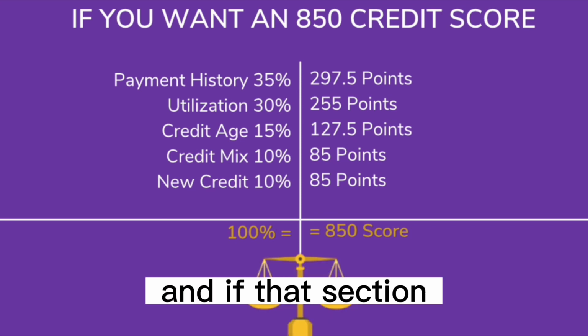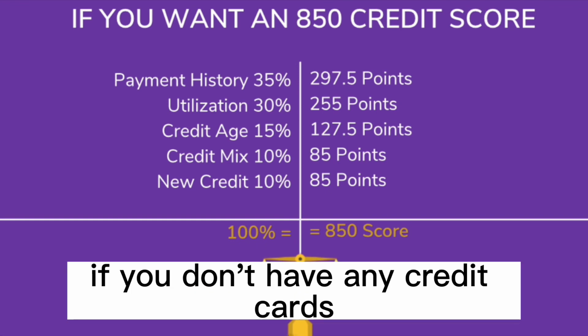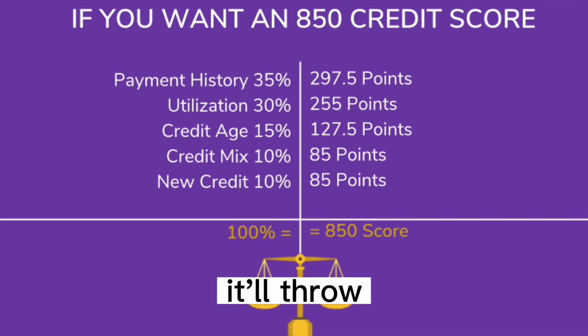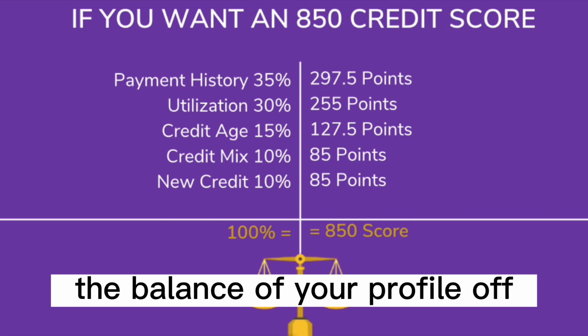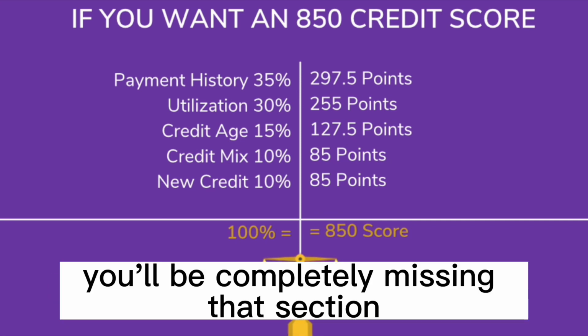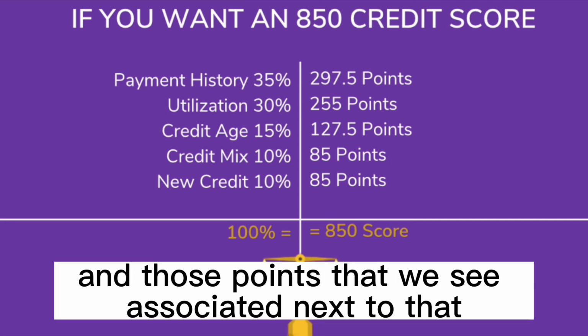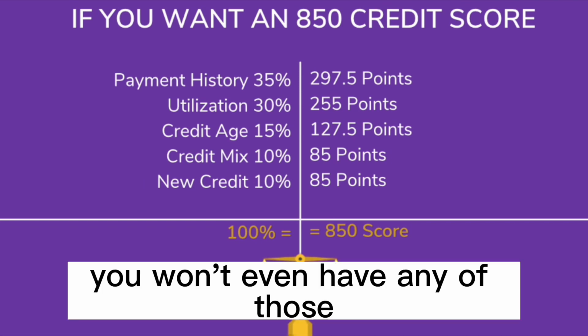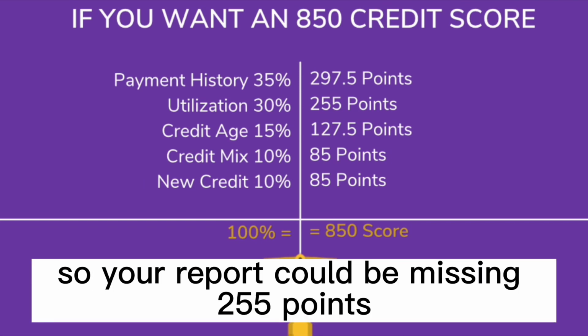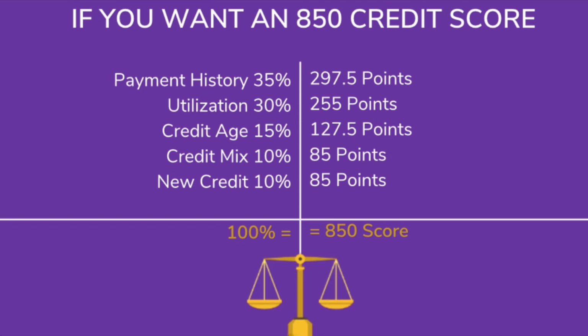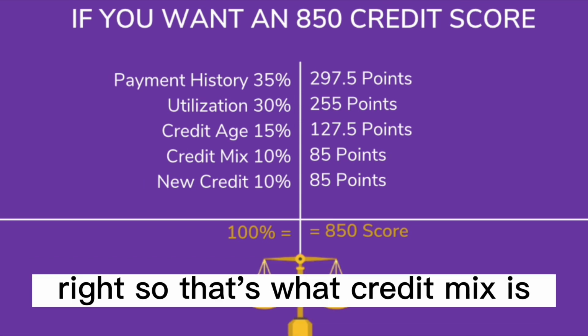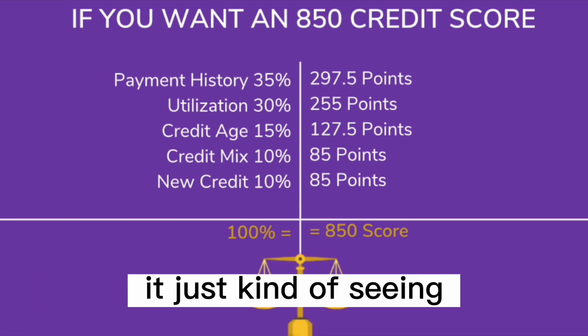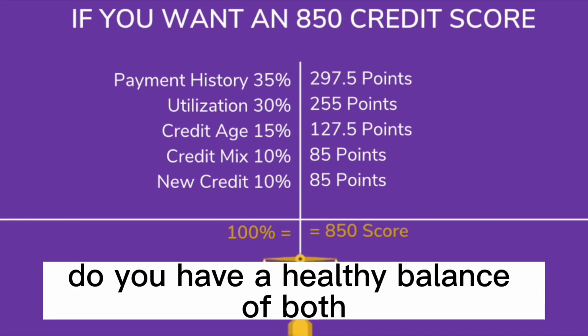And if you don't have any credit cards, guess what's going to happen? It'll throw the balance of your profile off. You'll be completely missing that section. And those points that we see associated next to that we're going to get to, you won't even have any of those. So your report could be missing 255 points because you don't have credit cards, right? So that's what credit mix is. It's just kind of seeing, do you have a healthy balance of both?